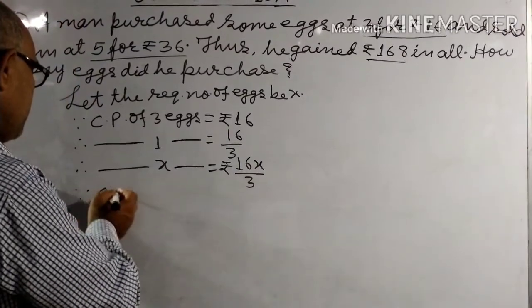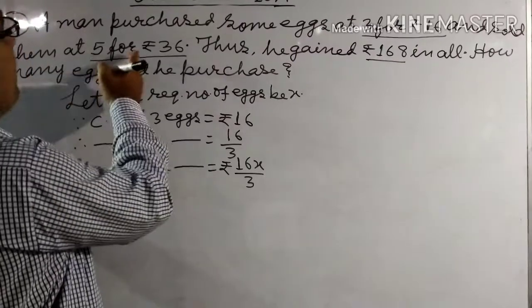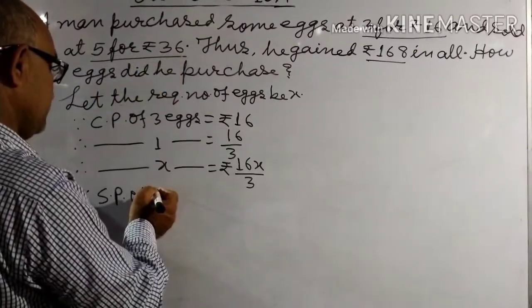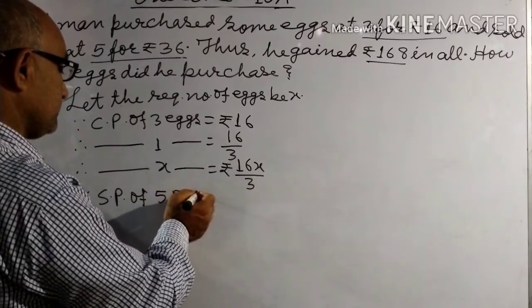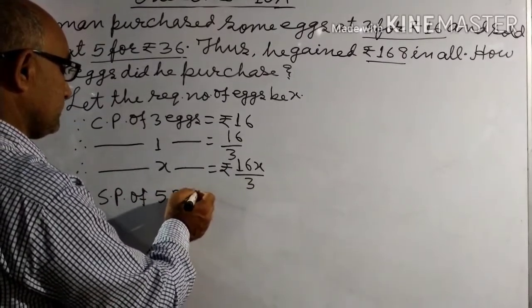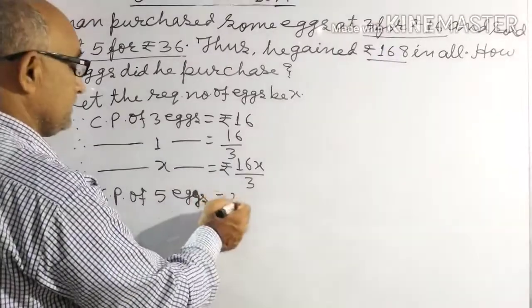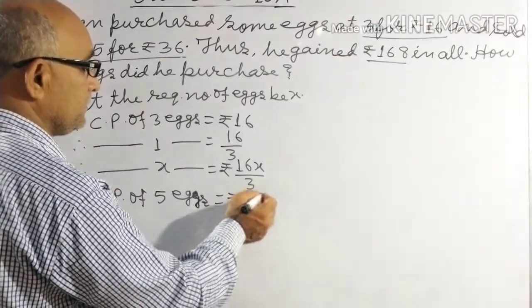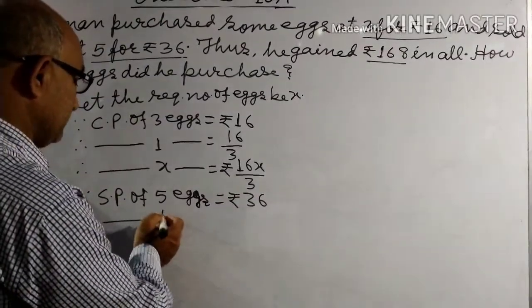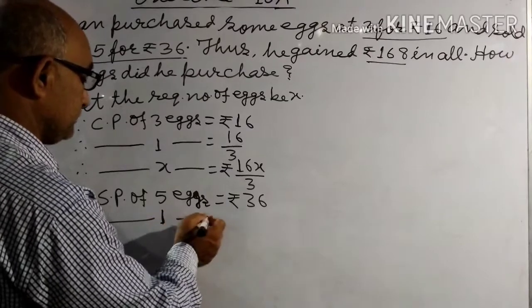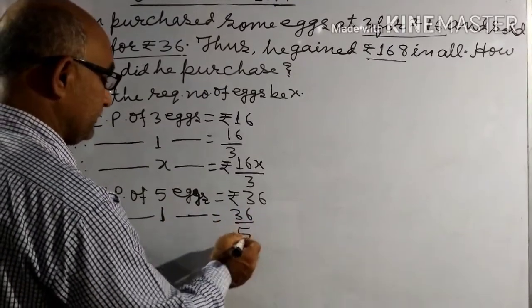Now, SP of 5 eggs is rupees 36, SP of 1 egg is 36 by 5.